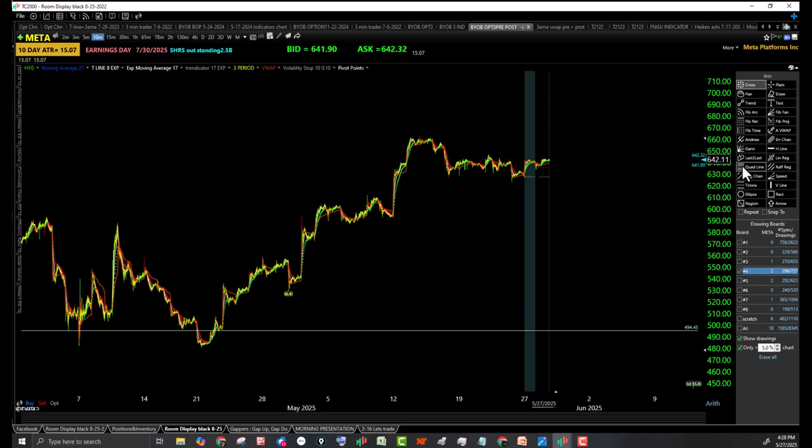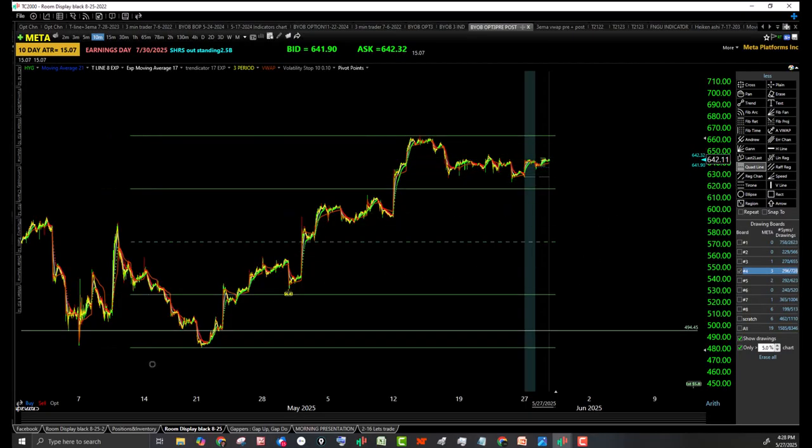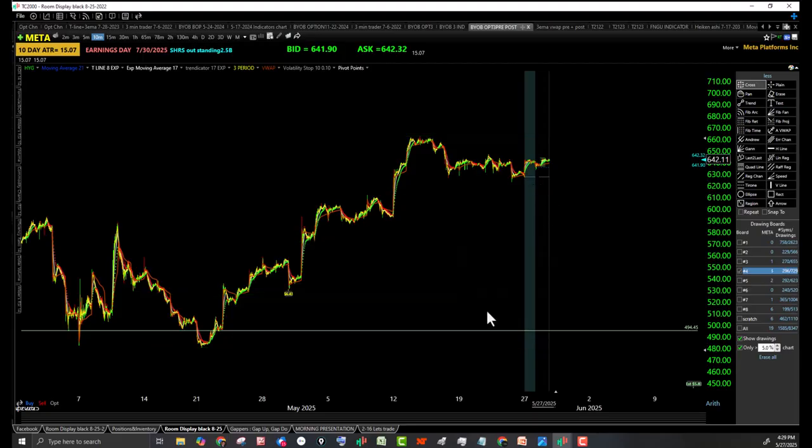if you look at this with the quad lines on it, let's try it again. All right, with the quad lines on there, you're in the upper third up here. See? Upper third, so that's bullish. Meta's looking good. You're just right underneath resistance. Once they break through, it could be free sailing up above.